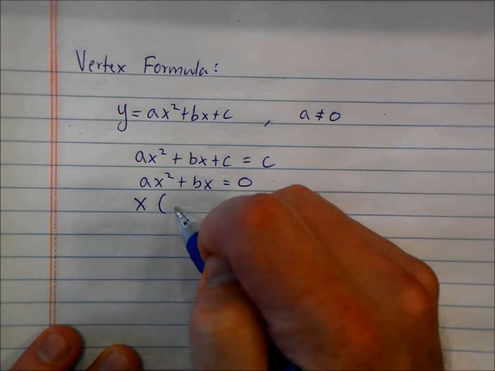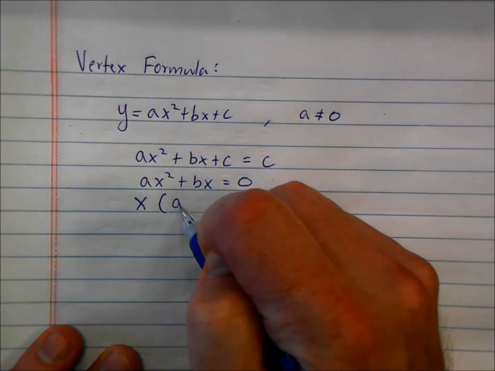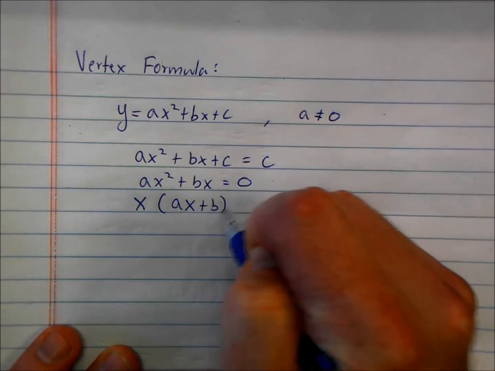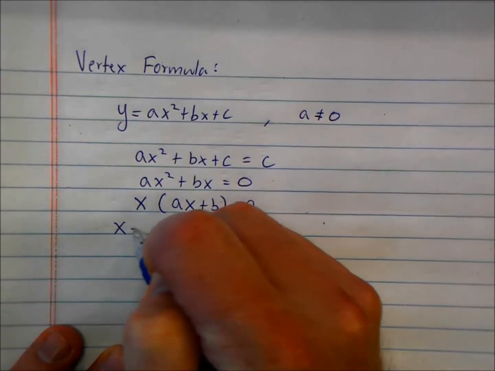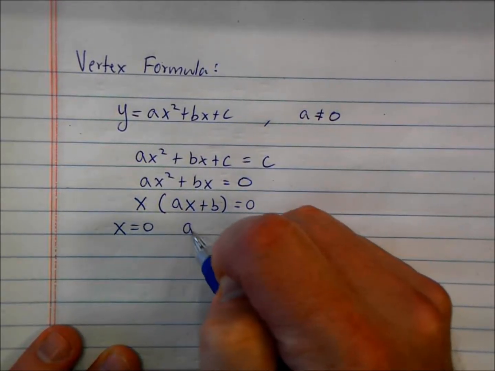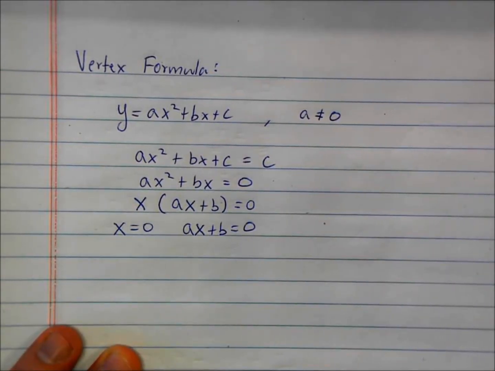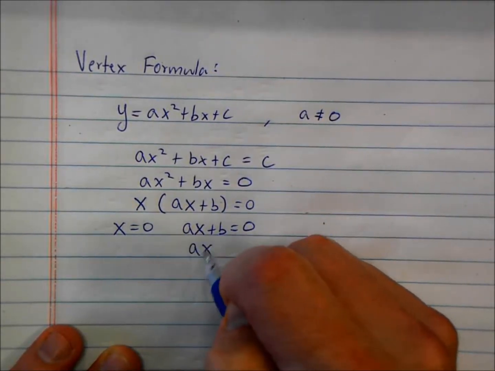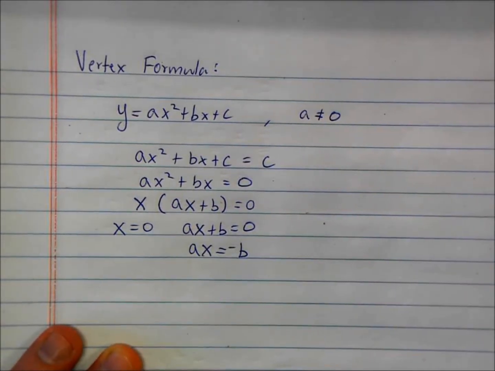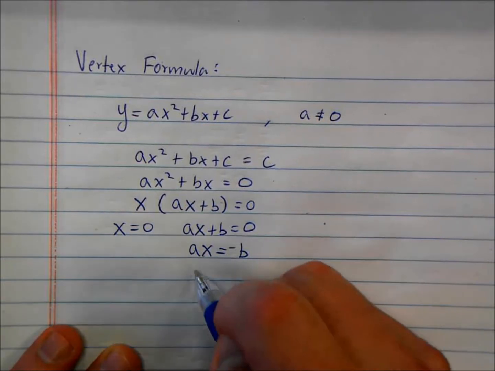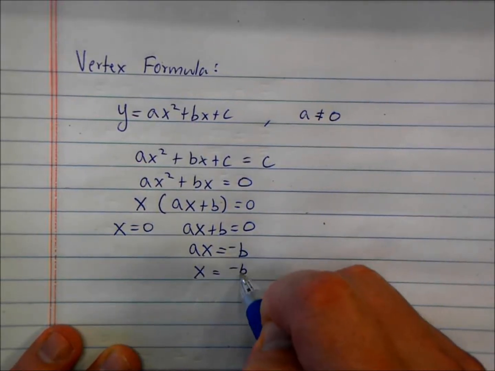And I'm left with ax plus b. So this one gives me x equals 0. And here I would have ax plus b equals 0. Ax would be negative b. I subtract b on both sides. And then I divide by a. So x equals negative b over a.